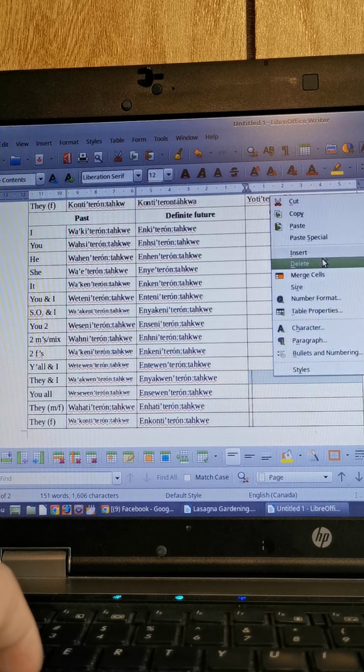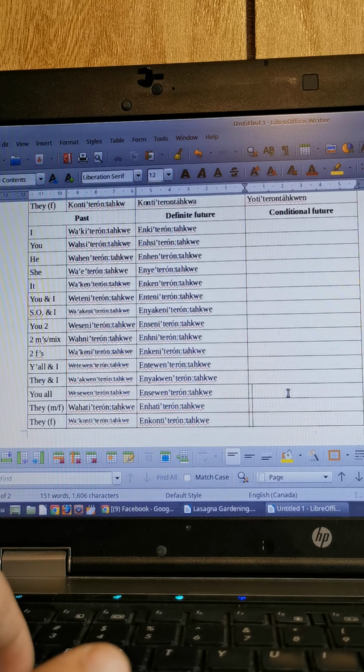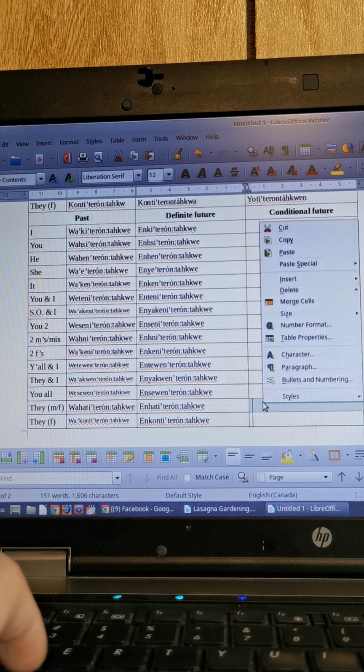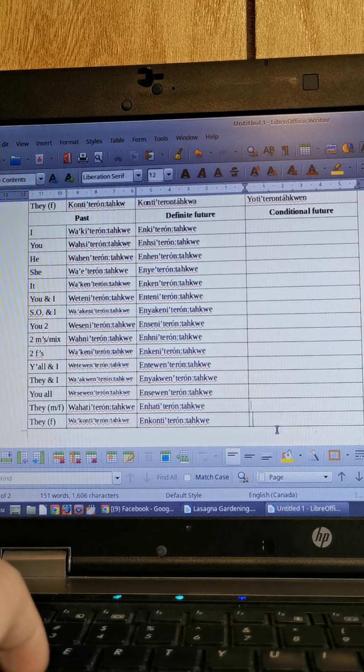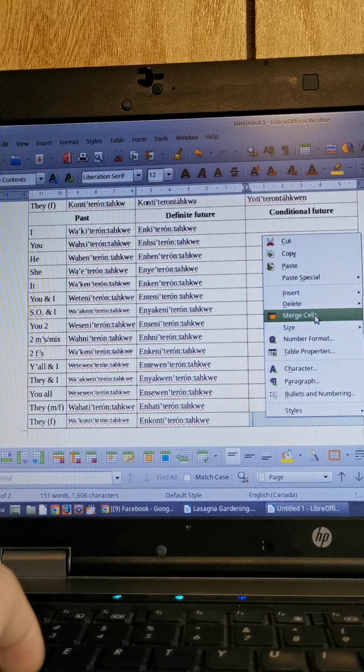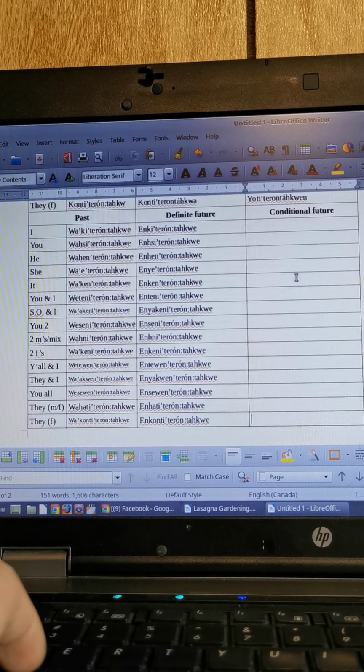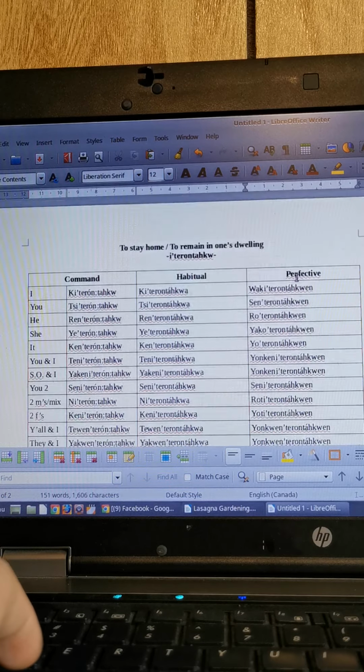I did it this way from scratch so that I could show people how to make their own charts at home instead of just having a pre-made chart and filling it in with all the words. I figure this way people can see how I actually go about creating the chart.